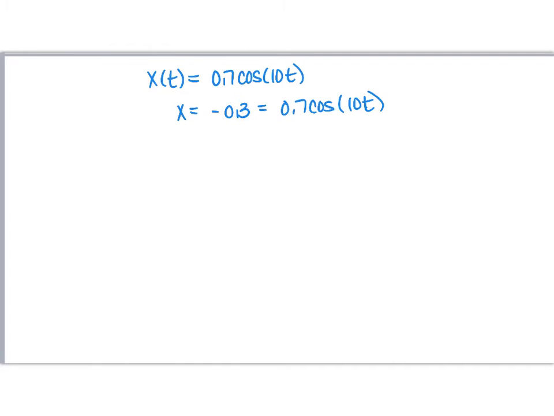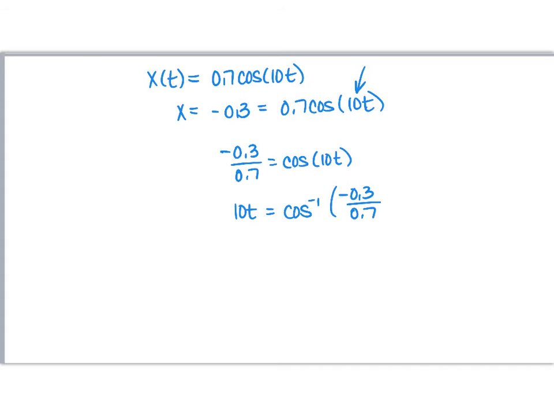So I'm basically trying to figure out what that angle is. So we have to do the inverse cosine. First I'm going to say minus 0.3 over 0.7 equals the cosine of 10t. And so 10t is the angle whose cosine is minus 0.3 over 0.7.